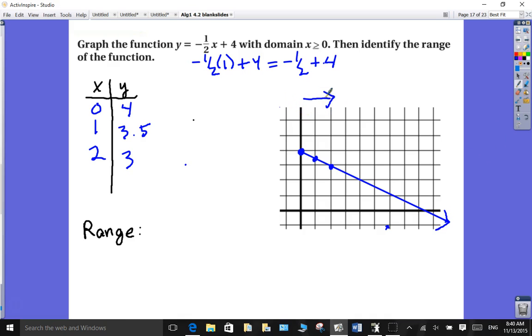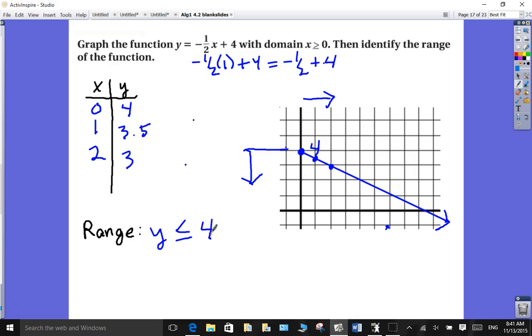But how do you describe the set of y values that start here and go down? Remember, this is positive 4. Use an inequality. Less than or equal to 4, right? So the range would be y is less than or equal to 4.